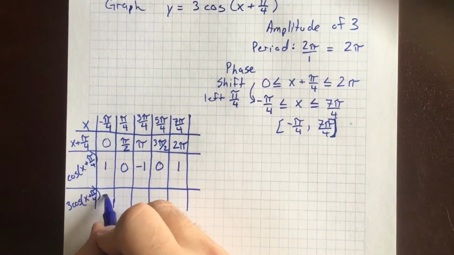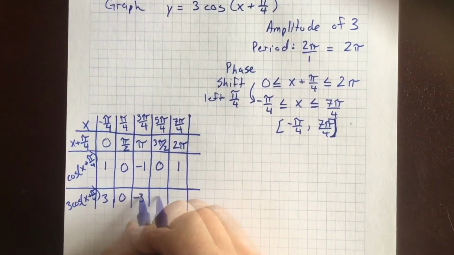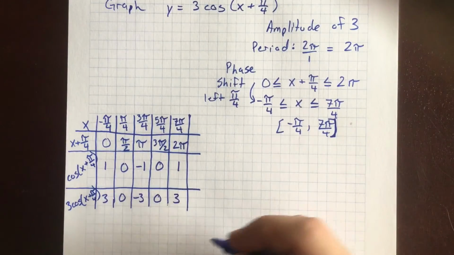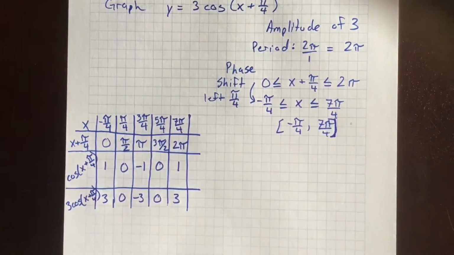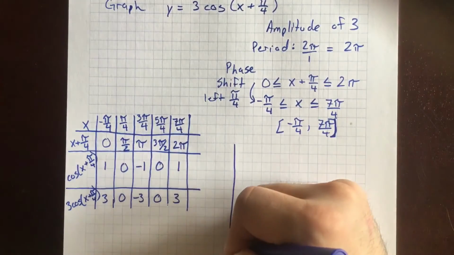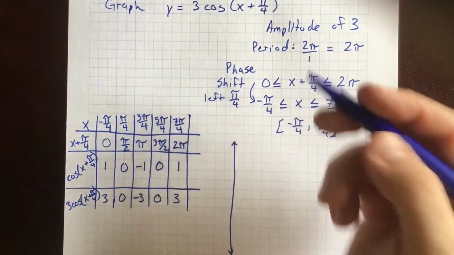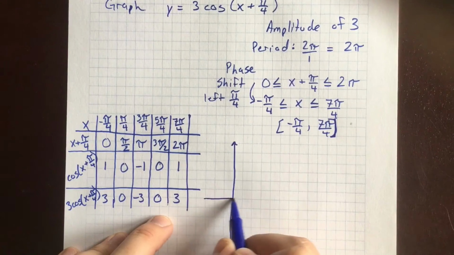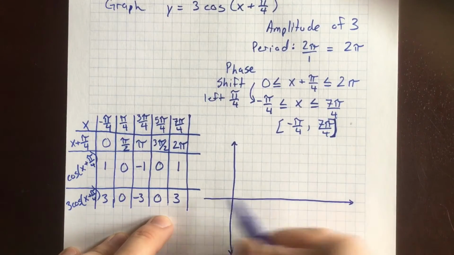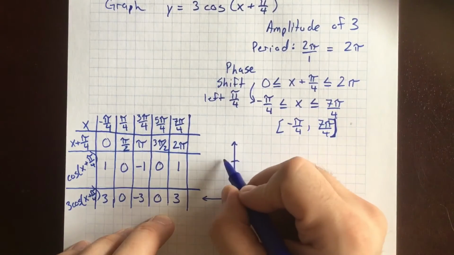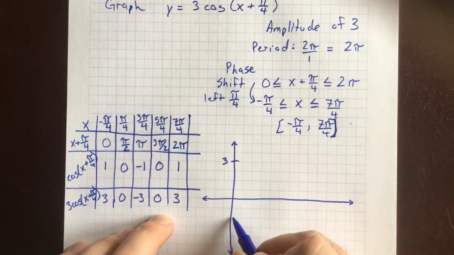So 1 times 3, 3. 0, negative 3, 0, and positive 3. So graphing this, all right, typically we say this is 1, we can make it 3 this time.